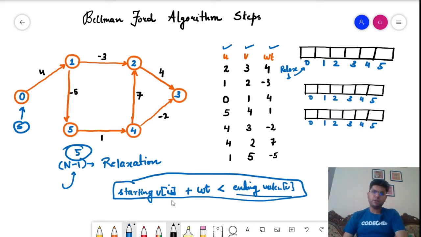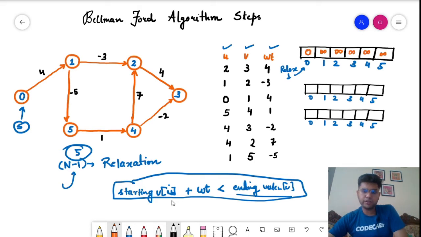Initially we will initialize the weights corresponding to each and every vertex with infinity, except the weight for the source node. We also did this in Dijkstra.